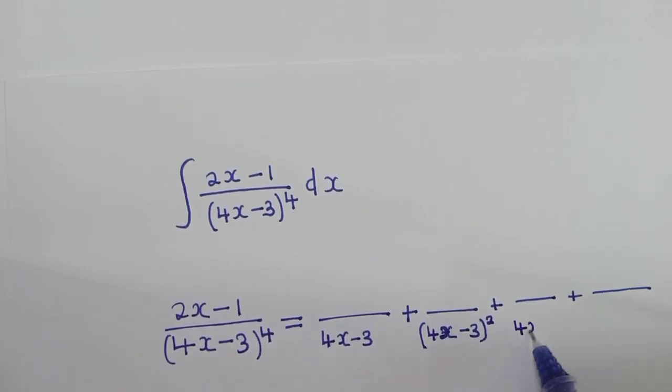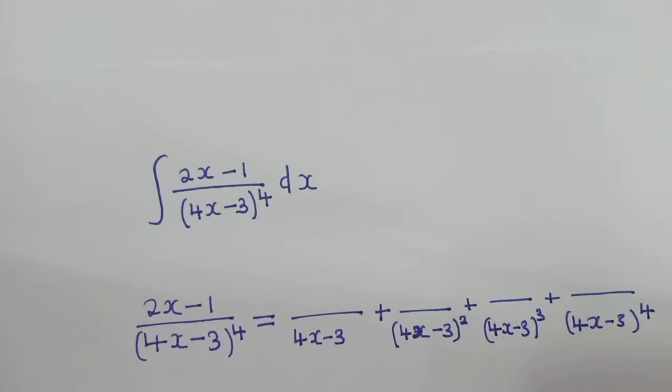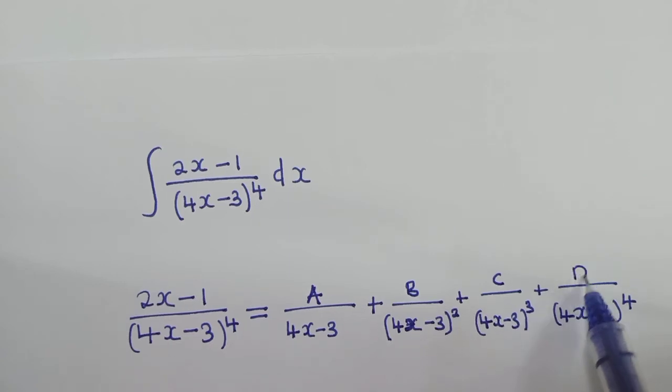Next, you write the same 4x minus 3, you put a power 3. Then 4x minus 3 power 4. Okay, so this is how it's supposed to be. So here there is power 1, power 2, power 3, power 4, up to the number which is right here. So on top here, you start writing A, B, C, and D.